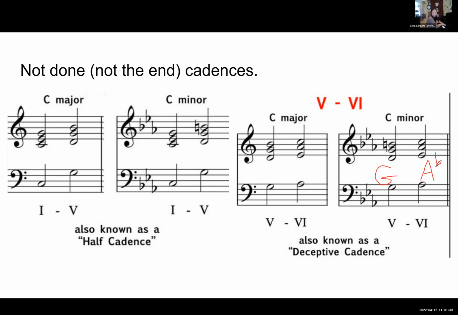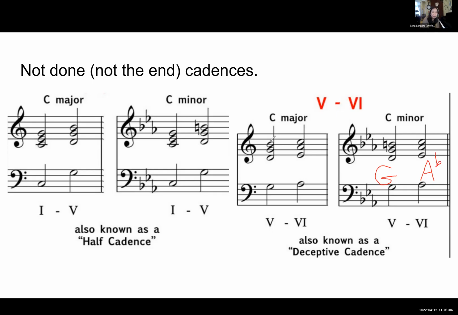But... That would be 5-1. You can hear that it's not satisfying. You need to go on. That's called deceptive cadence.